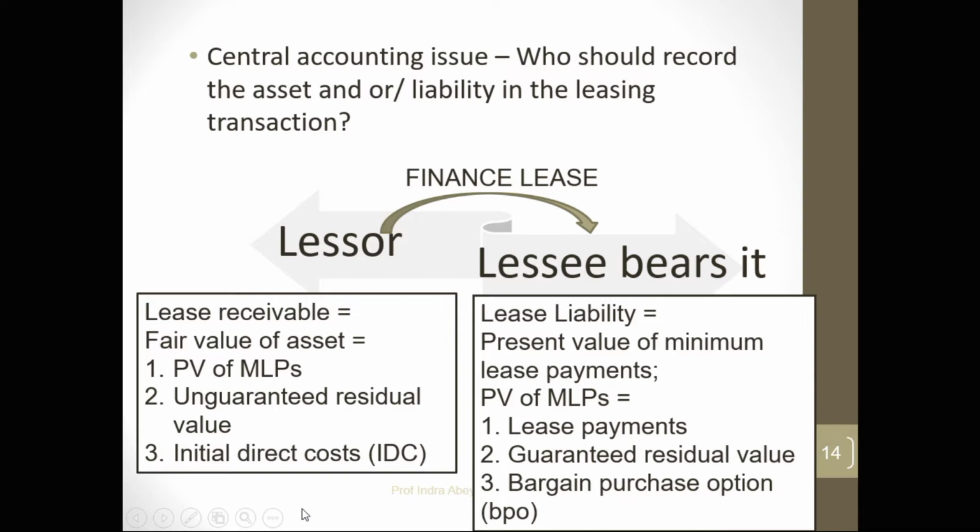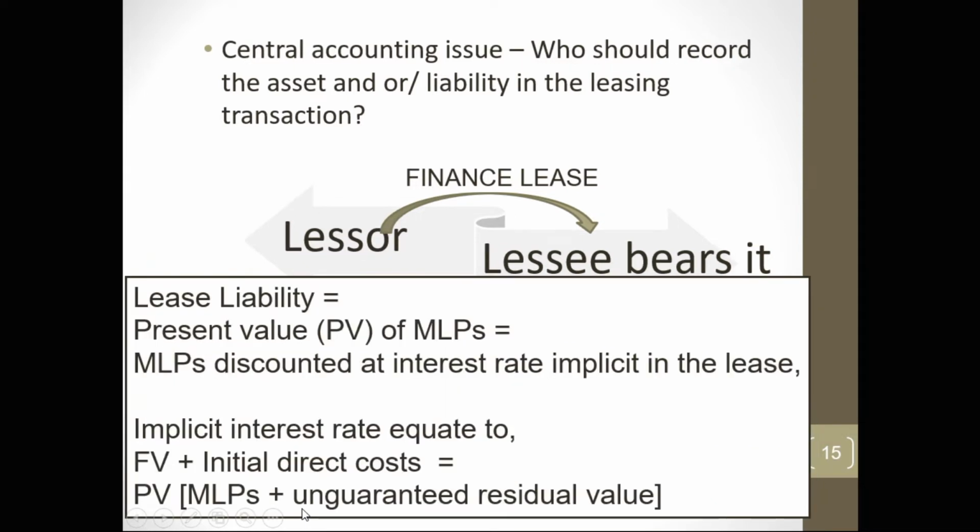That becomes the lease receivable. So the lease receivable not necessarily match with the lease liability. The lease liability, which is the present value of minimum lease payment, is the minimum lease payment discounted at an interest rate implicit in the lease.